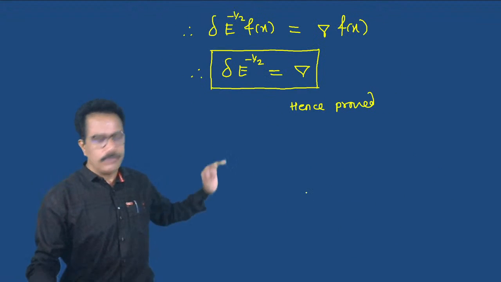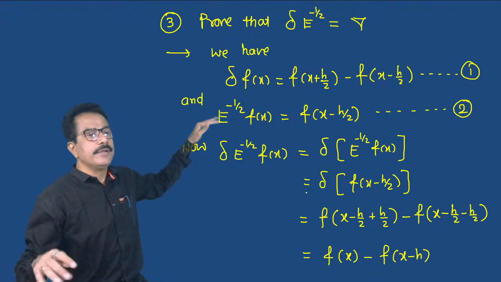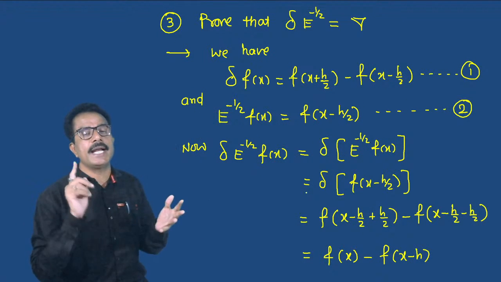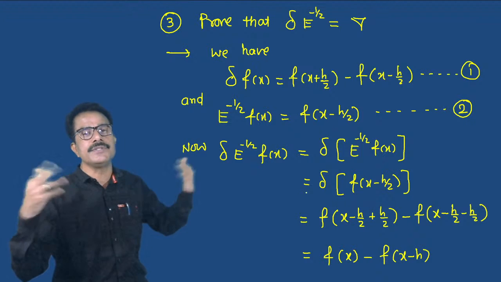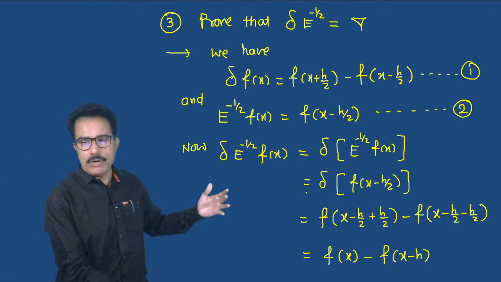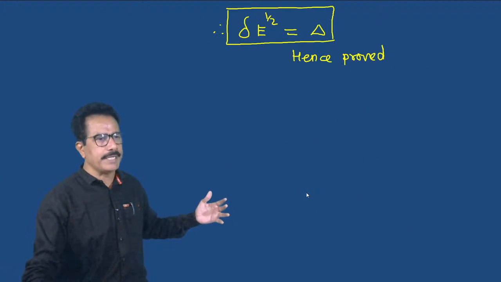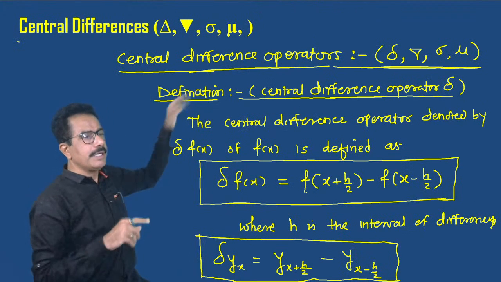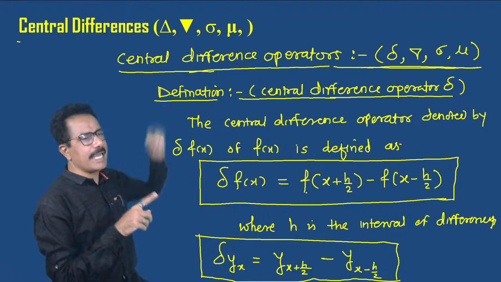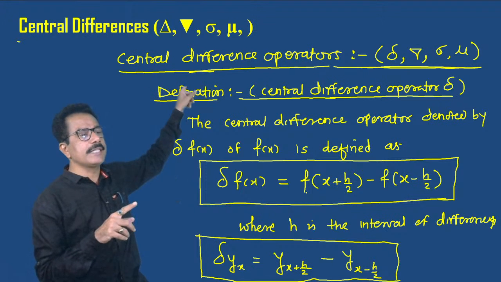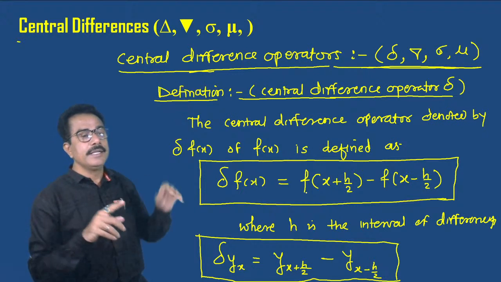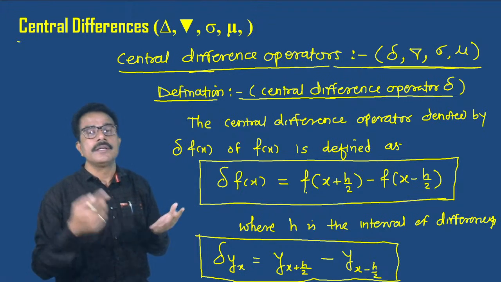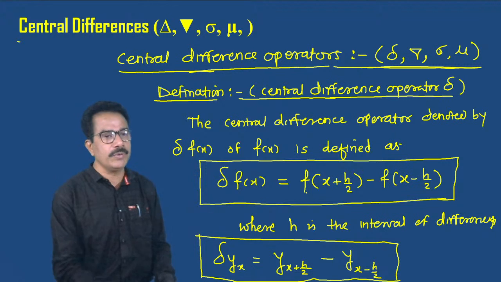Actually, we have to discuss the difference operators delta, del, mu, e, sigma. We have to define the different operators here. Already you know the difference operators delta and del. Next we shall discuss sigma. Next we shall discuss mu.